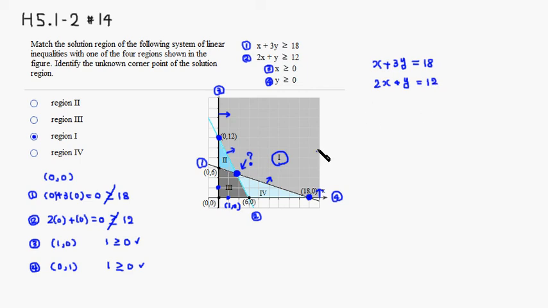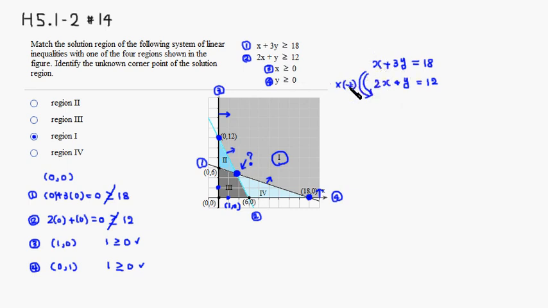I'm going to multiply the first equation by, say, -2. Actually, I'm going to do -3. Oh, sorry about that, that's not right. I'm going to multiply the top by -2, that way I can eliminate x.